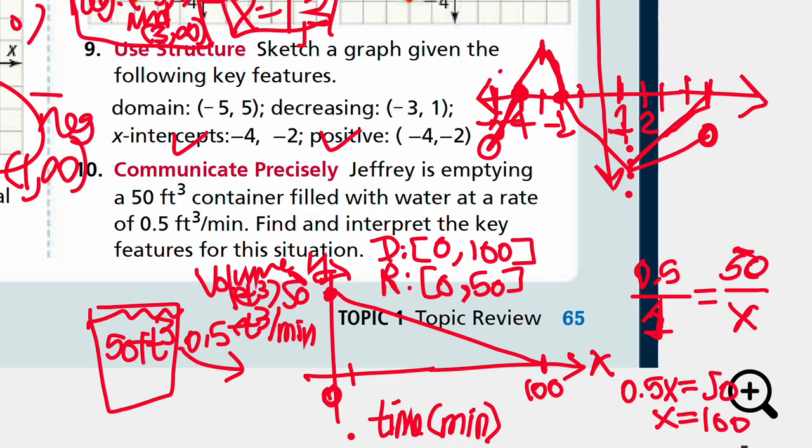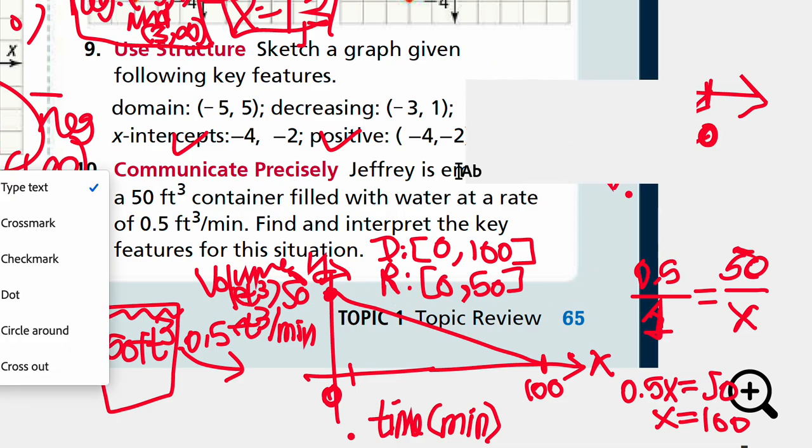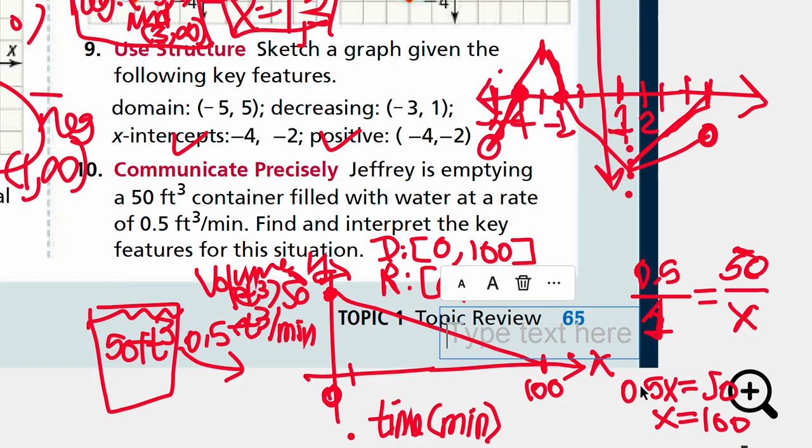Okay, and is the graph increasing or decreasing? It is not increasing anywhere. It's only decreasing throughout. So decreasing. I don't know why it's so hard to draw, so I'm going to type decreasing from 0 till 100, or throughout the whole graph, right?